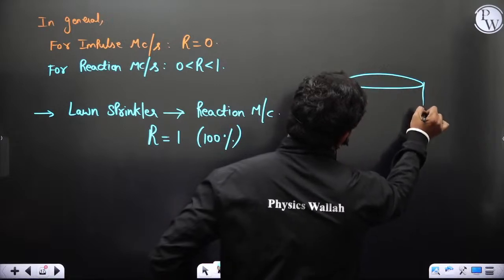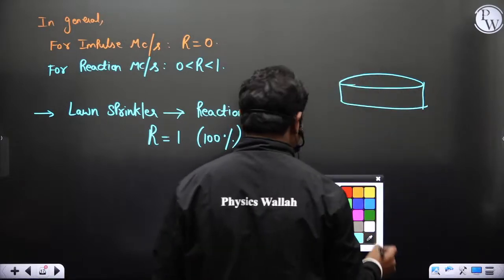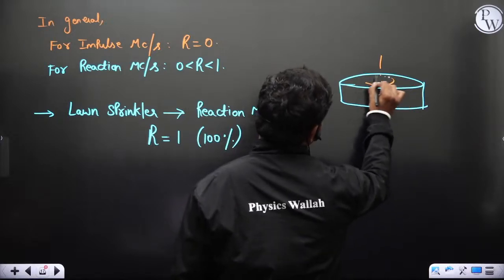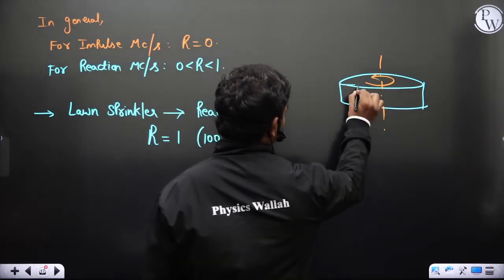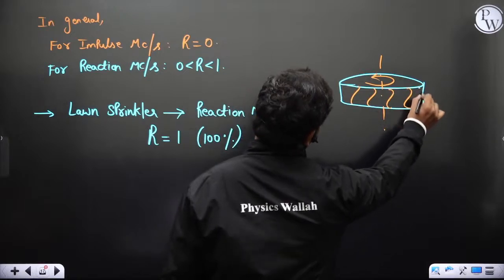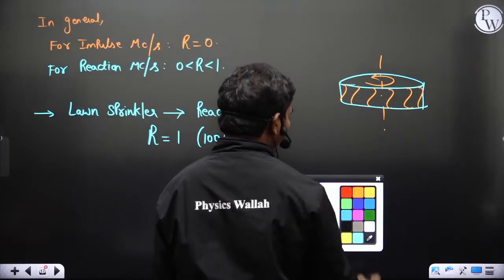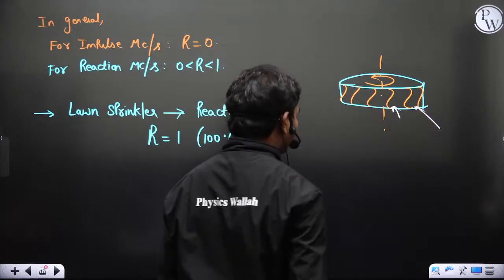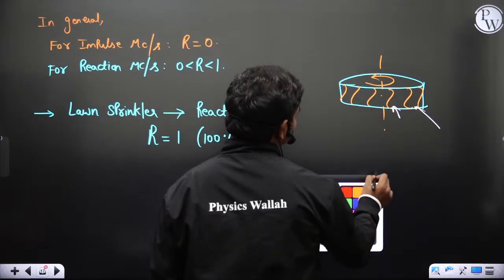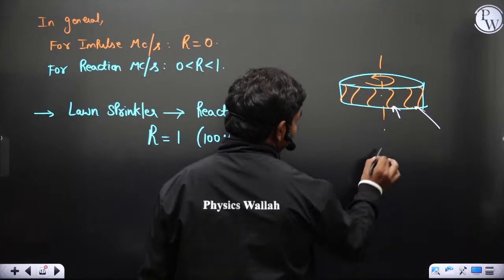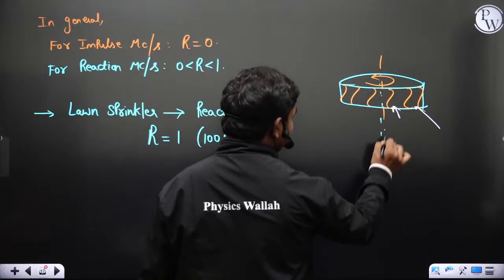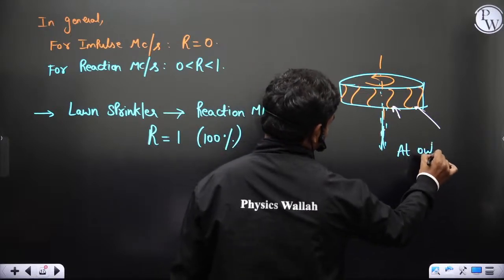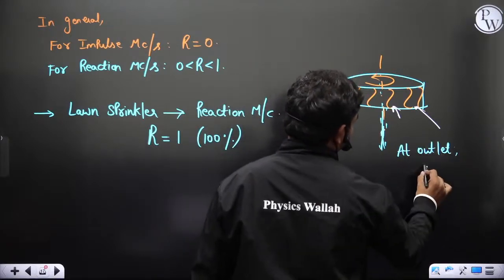So let's say this is a wheel, this is the axis, and the wheel is rotating like this, and you have a lot of blades like this on the wheel. Fluid enters at some location like this. If you observe carefully, the fluid falls to the center, which means at the outlet R2 is equal to 0.